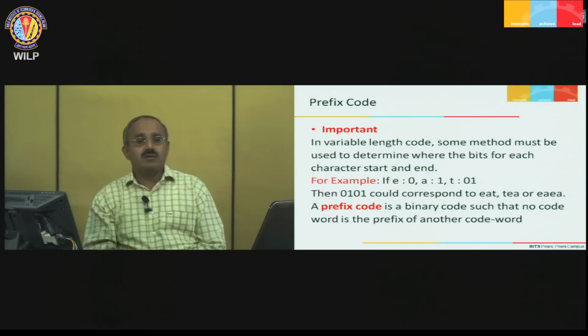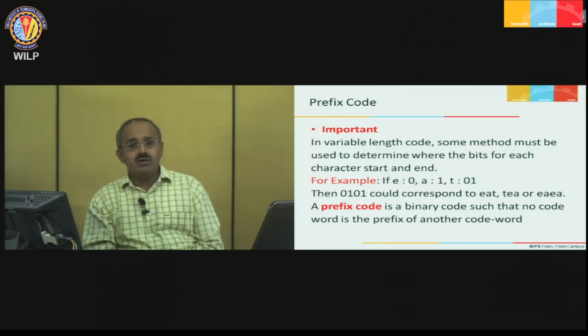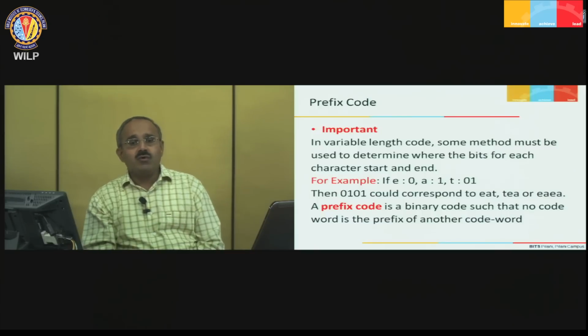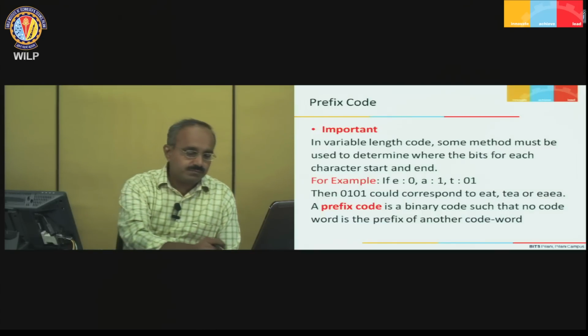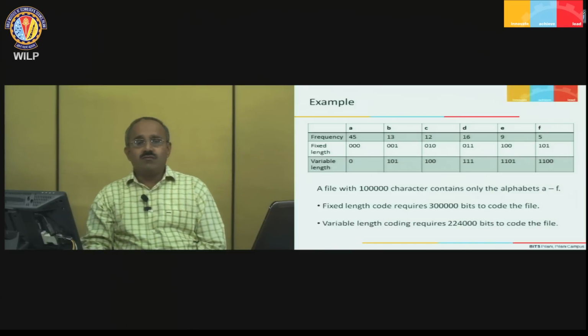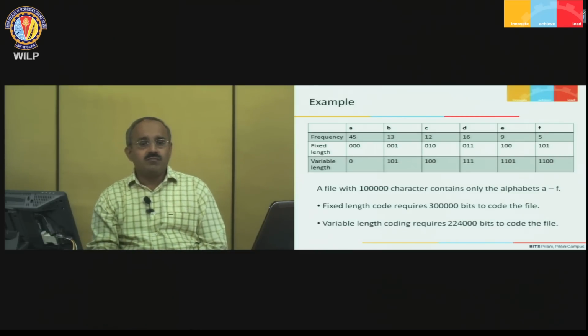Once we have this property on a variable length code, there is no ambiguity in encoding or decoding back the information. If we see the previous example, what we have defined in the variable length code is actually a prefix code.